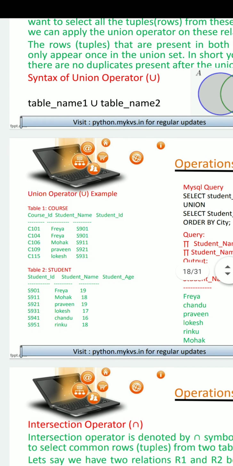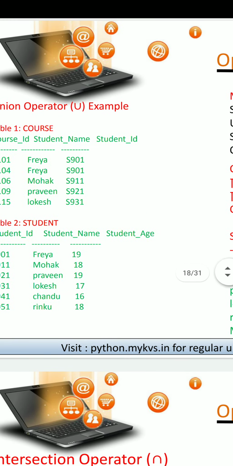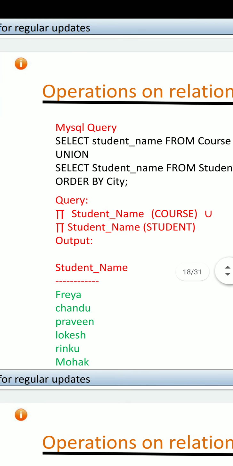Okay, now students, find these two tables here. Course is one of the tables and another is student. Freya is admitted for this course, and another course, then Mohak, then Praveen and Lokesh. And in the student table we have Freya, Mohak, Praveen, Lokesh and then Rinku. So how many students are there? If we have to find this out, what will we write?